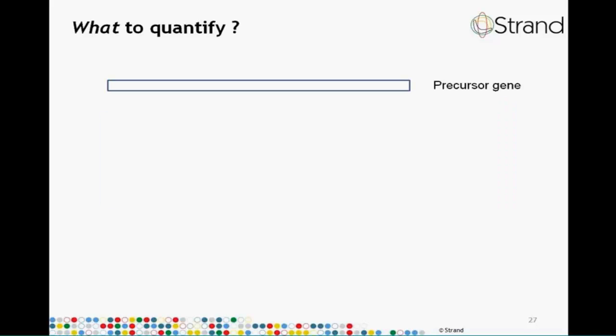So in quantification, let us try to answer two questions. What do we want to quantify and how do we want to quantify it? In the small RNA annotations, the annotations indicate the precursor gene on the genome. In the case of precursor miRNA genes, the resulting transcript folds into a hairpin structure.